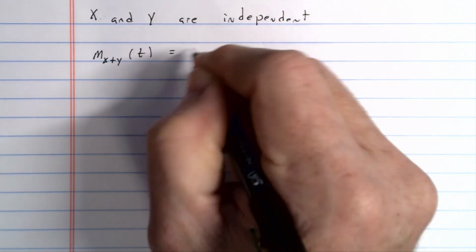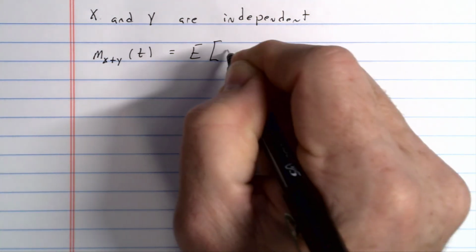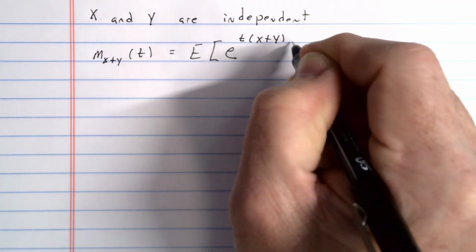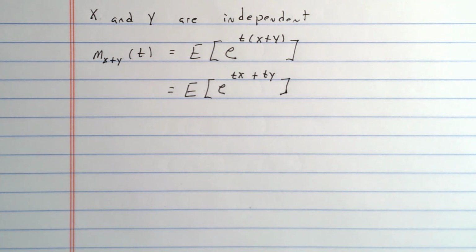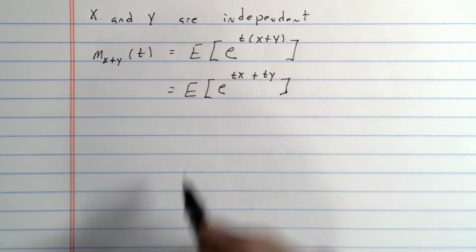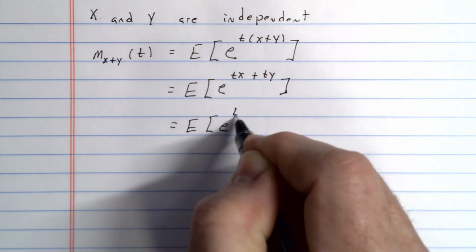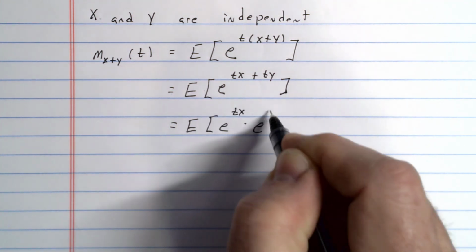And we know that would be the expected value of e to the t times x plus y. Well, just multiplying the t inside the parentheses, we can write this as the expected value of e to the tx plus ty. And then using the properties of exponents, this is the same as the expected value of e to the tx times e to the ty.